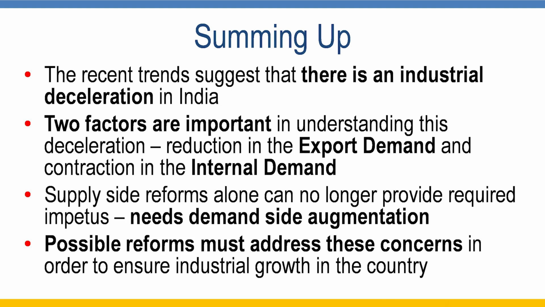Unless we consider demand side augmentation, providing the incentives, the support, or other kinds of measures to industries to increase the supply is not going to give you the kind of impetus that we look for. Already these industries have enough inventories, so there is no lack of supply. Capacity is already there, underutilized. So therefore, what we need is more demand side augmentation.